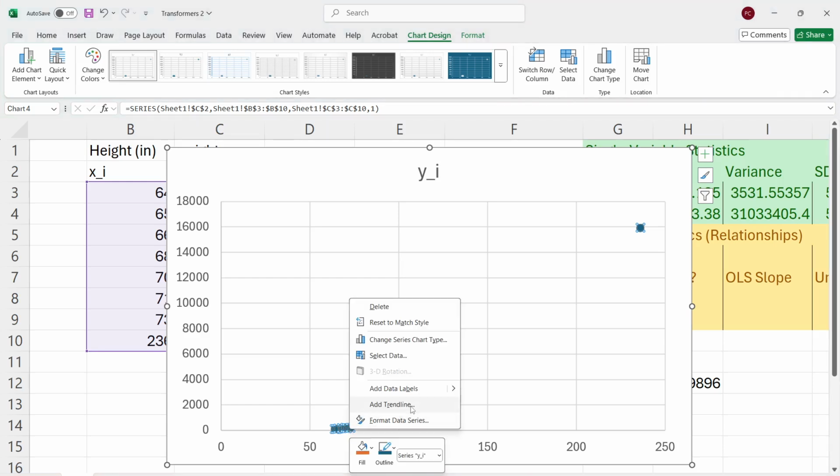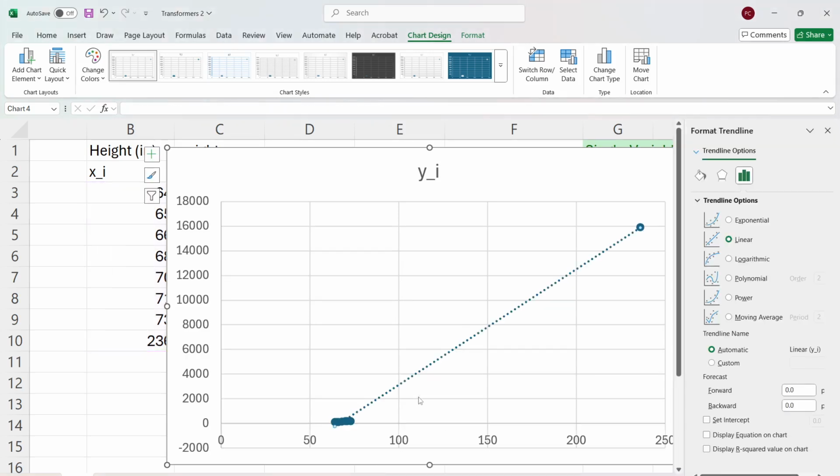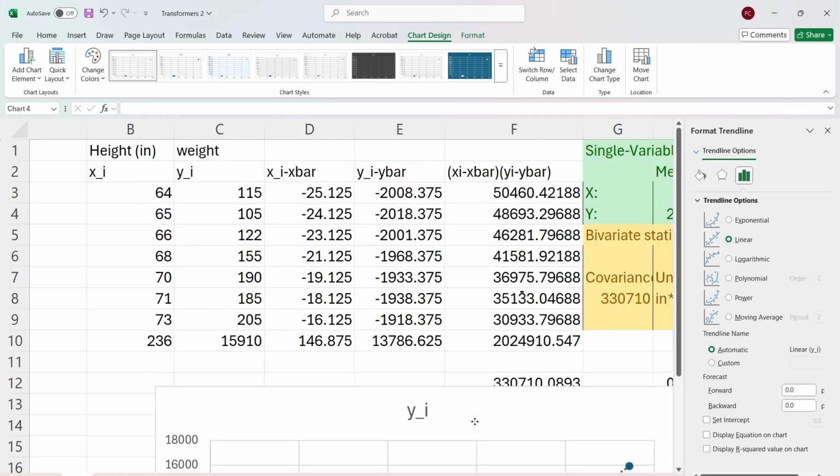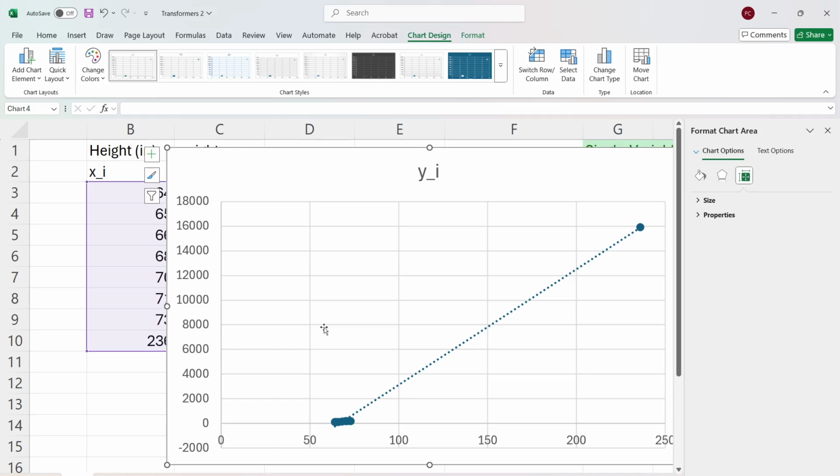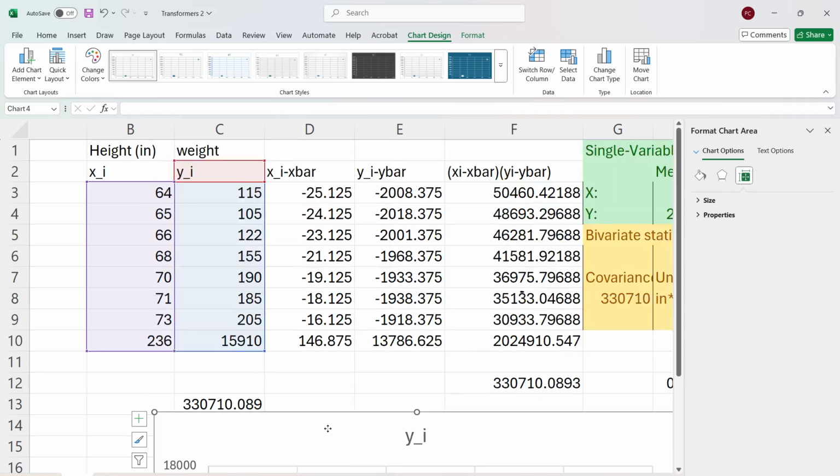So, add trend line. Interesting. There's your trend line. We're going to have to figure out where that trend line comes from and what the slope of that is going to be like. So, I'm going to hang on to that for just a second. Bring it down here and forget about it for a minute.